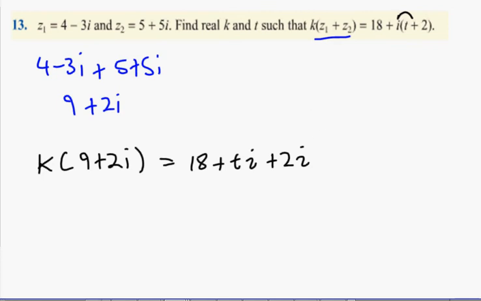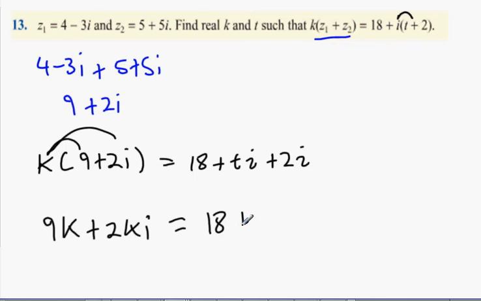Next thing, multiply out the k: 9k plus 2ki equals 18 plus ti plus 2i. Next thing, real and imaginary. 9k is real because it has no i's in it. 18 is real because it has no i's in it.